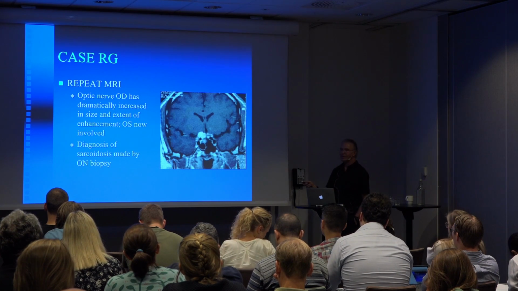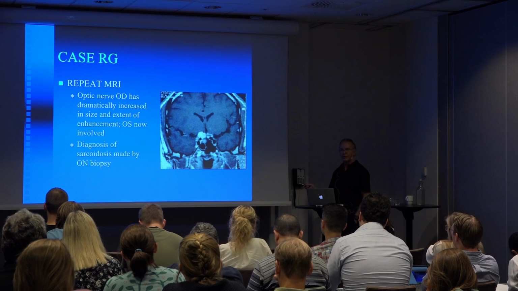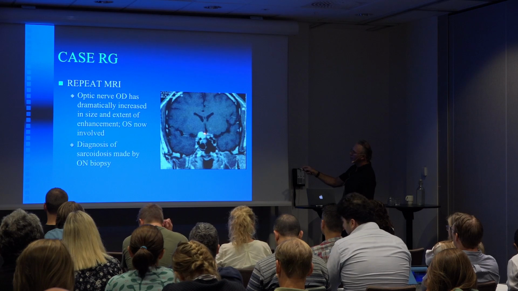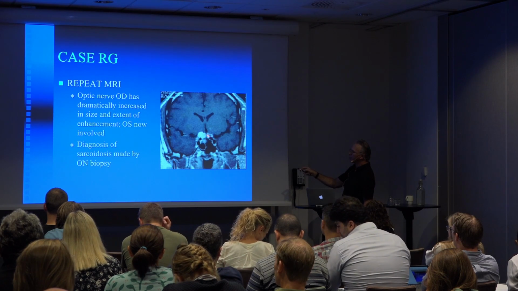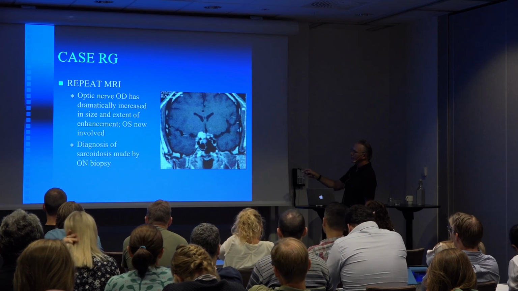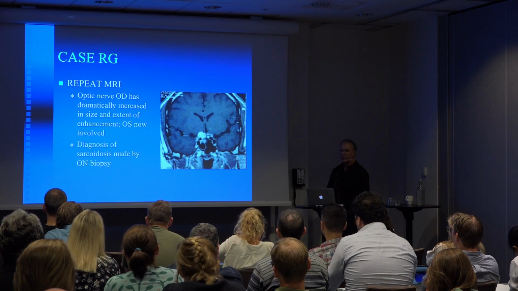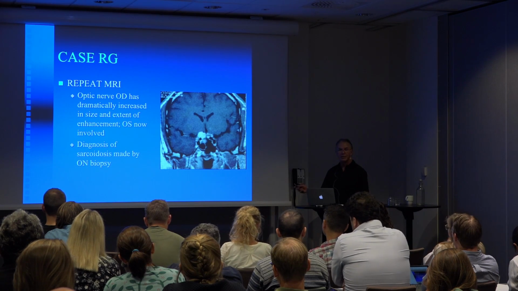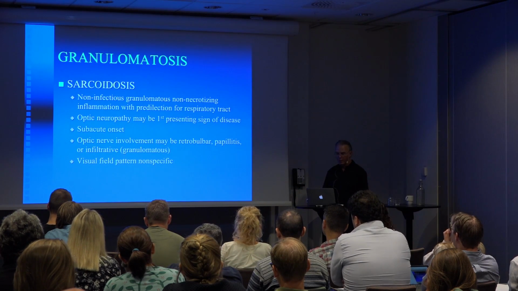This is a classic appearance of intracranial sarcoid optic nerve involvement, where you have this sort of thickening of the surround of the nerve, and the nerve in the middle early on is relatively spared, and then later on develops this kind of a picture. She was eventually diagnosed with sarcoidosis by optic nerve biopsy on the no light perception eye.